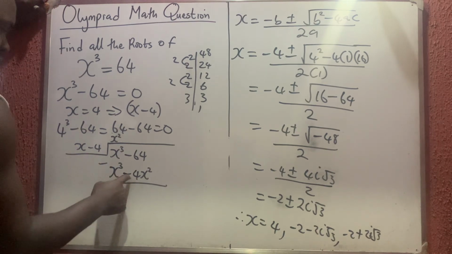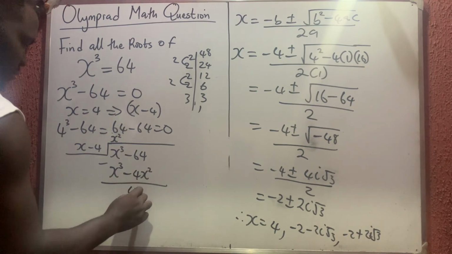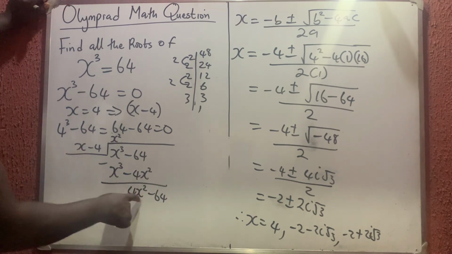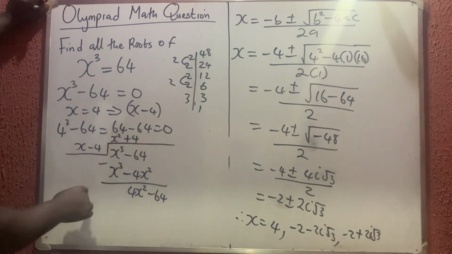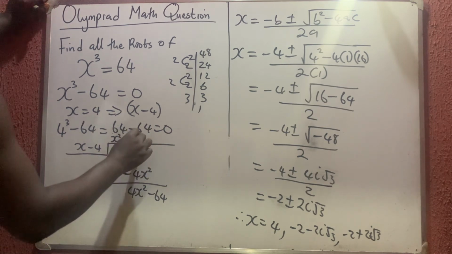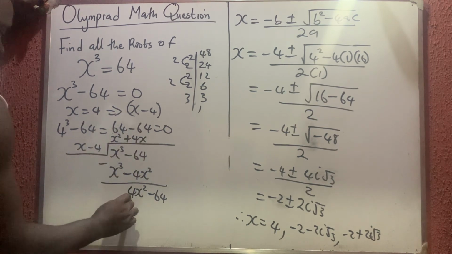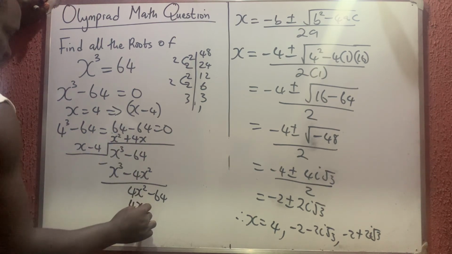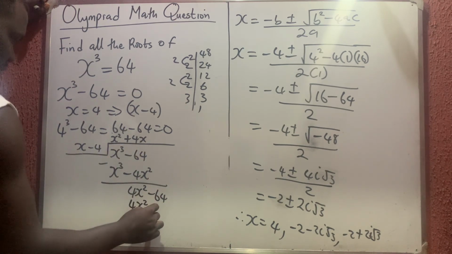Minus minus is plus, so I'm having here 4x squared, then bring down minus 64. Now this divided by this will give you plus 4x. So 4x times this will give you 4x squared, and 4x times this will give you 4 times 4, which is 16x.